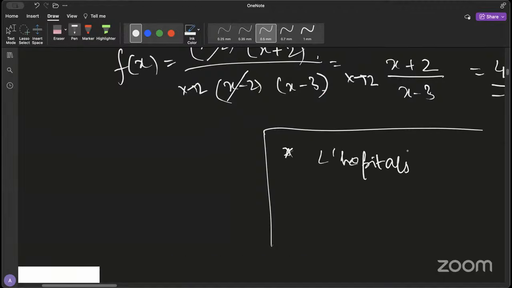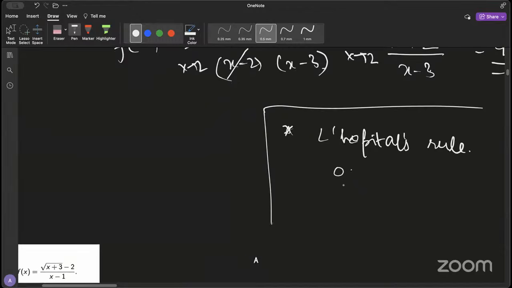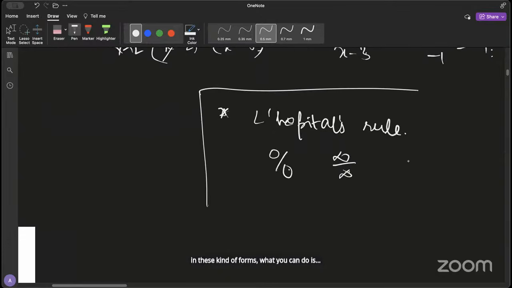L'Hopital's rule is basically a rule for when you see 0 by 0 form or infinity by infinity form, or 0 into infinity form. Let's say if I have x squared and 1 by x plus 1.